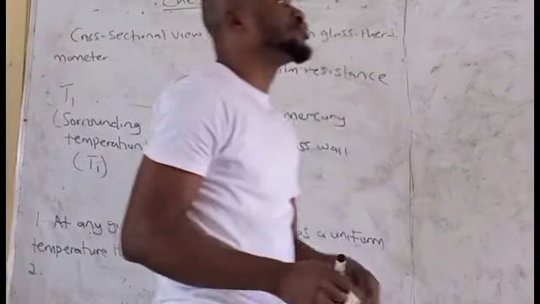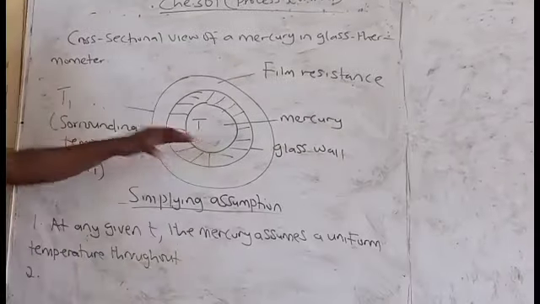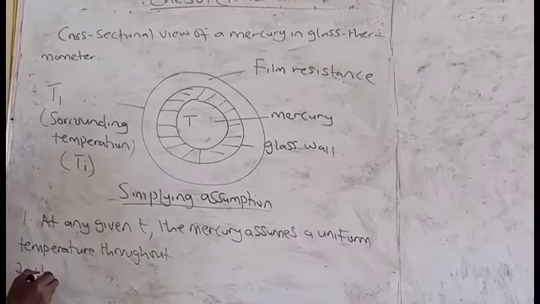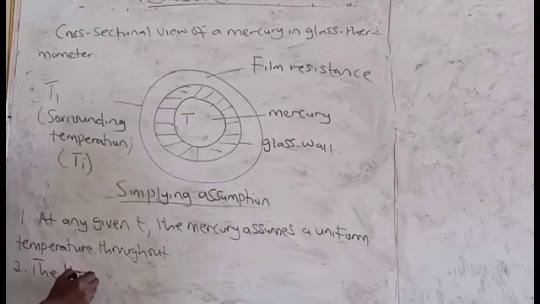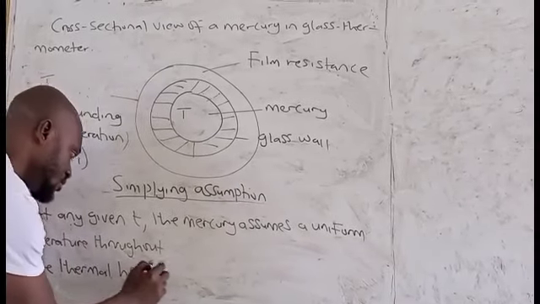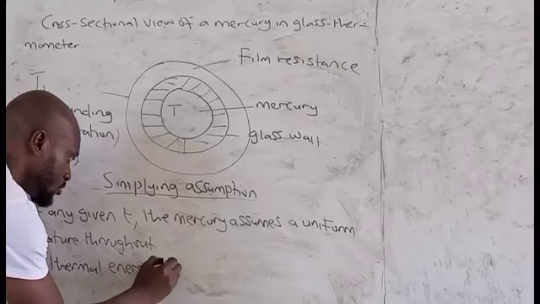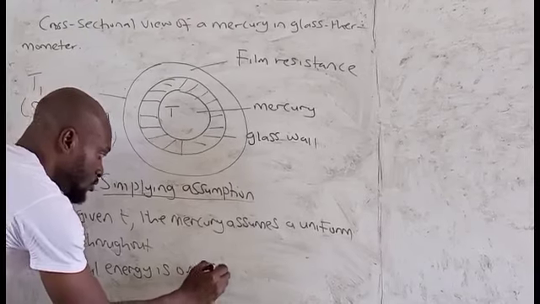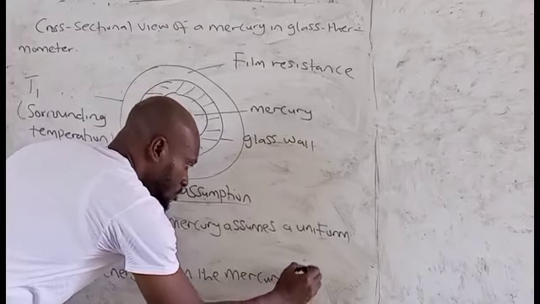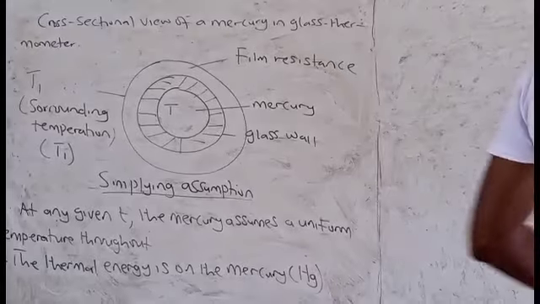The thermal capacity, or let's use the thermal energy, will be attributed to the mercury. And the chemical symbol of mercury is Hg in chemistry.